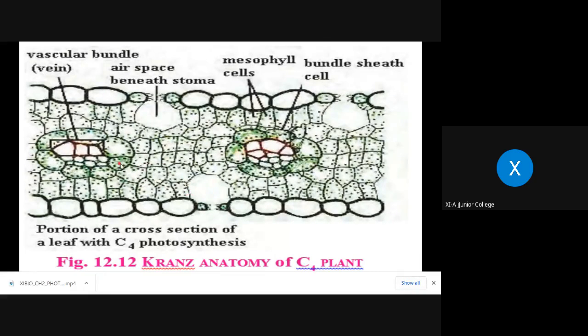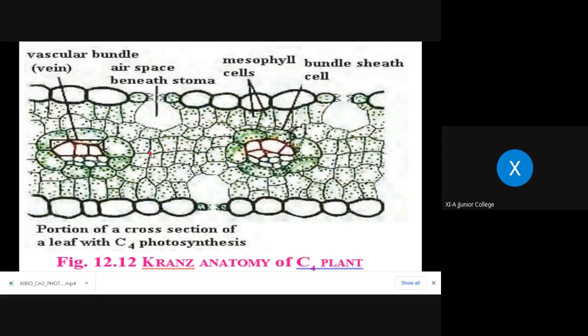PEP is a 3-carbon compound, which when CO2 enters, CO2 plus PEP gives rise to a 4-carbon compound, the first stable 4-carbon compound called oxaloacetic acid.